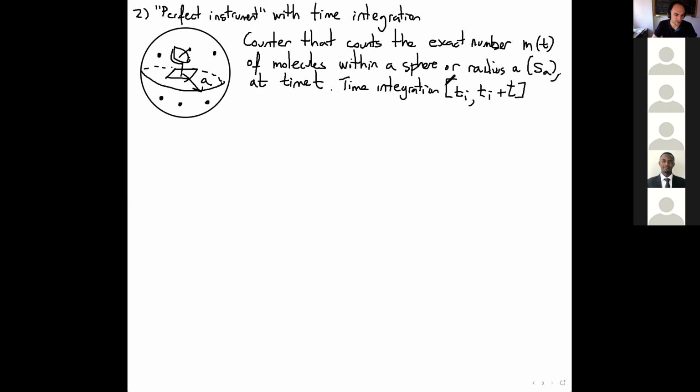As I said, C bar is the real value. Our estimate will be called C. This will basically be the number of molecules. Concentration is number of molecules per unit volume. So we will do M of t.